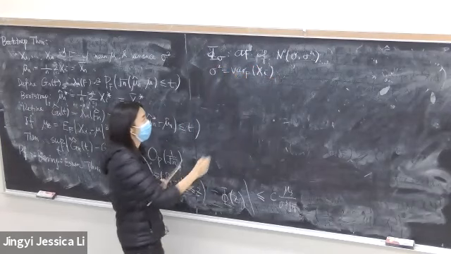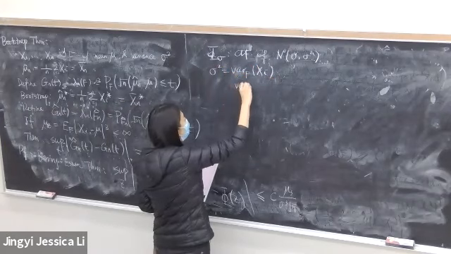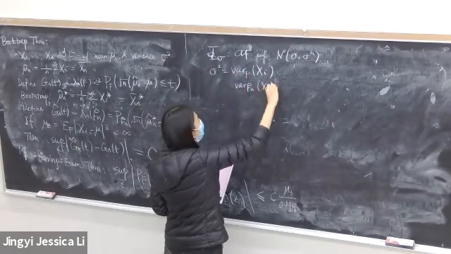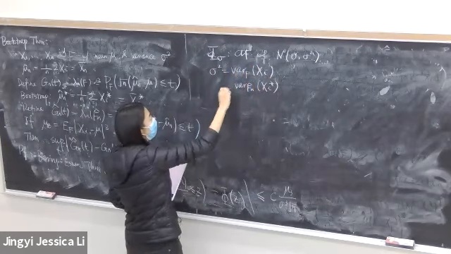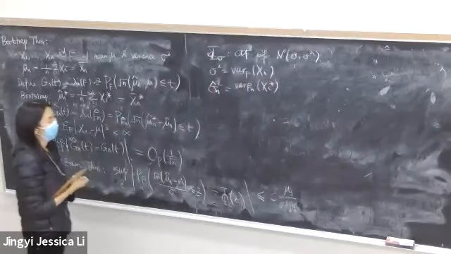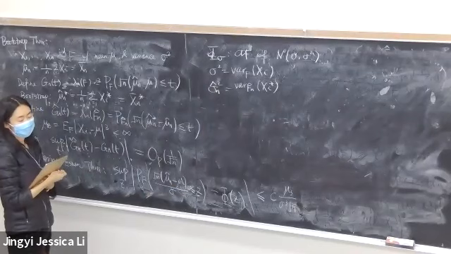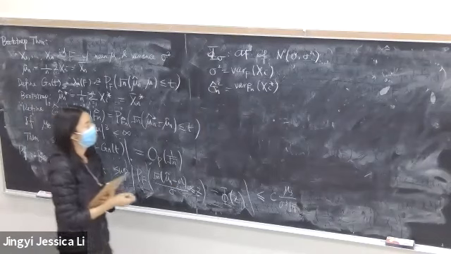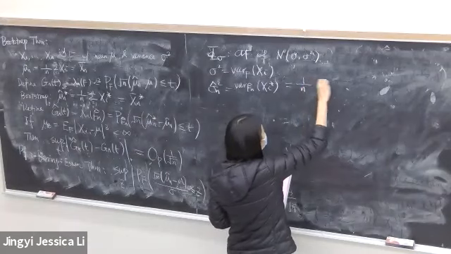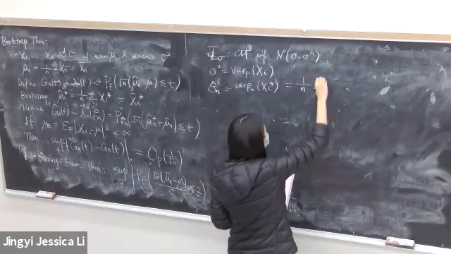Then what's the corresponding variance under Fn hat of X1 star, a hypothetical random variable? I call that sigma hat n square. And what's the definition of that? Based on the definition of Fn hat, the empirical CDF, this should be equal to 1 over n, the probability mass at each value.